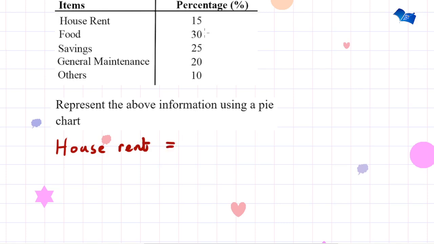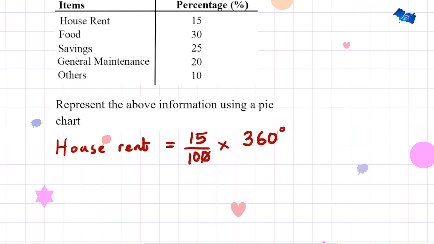For house rent, we would have the percentage that house rent occupies. Percentage is 15% times the total angle. When you combine all the sectors together, you get 360, right? The total angle in a circle is 360.